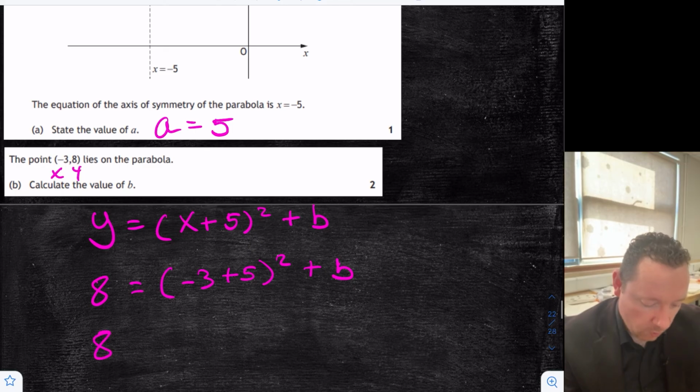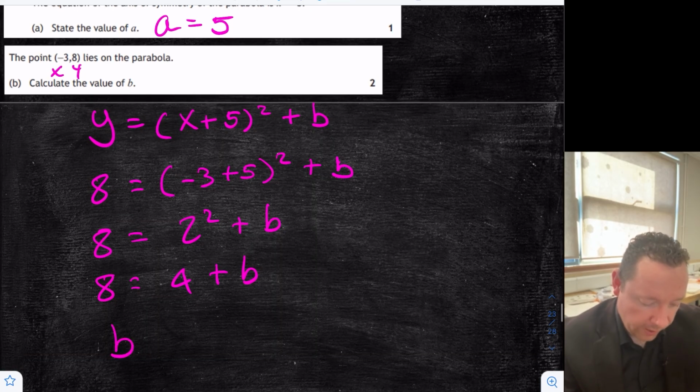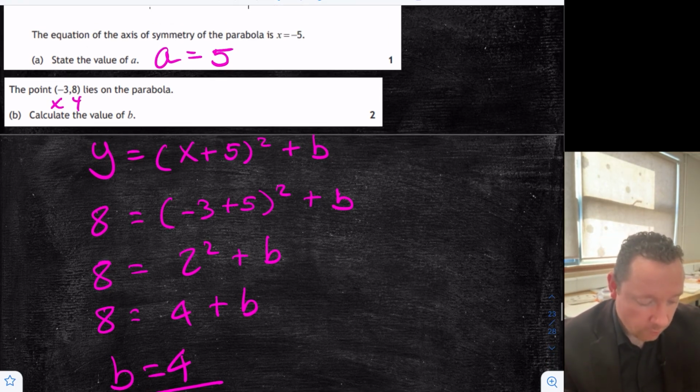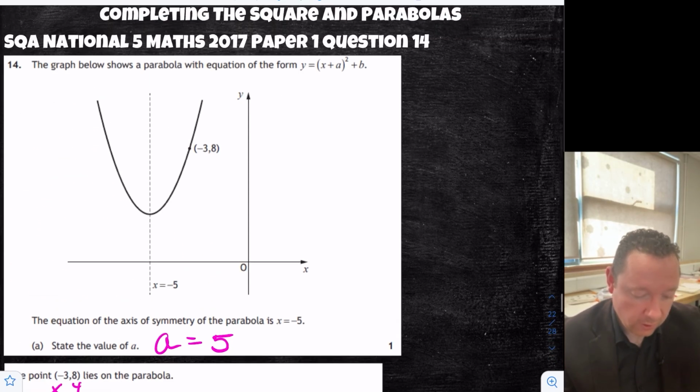So that's 2 squared plus b. 2 squared is 4 plus b. It should be clear that b must then equal 4 because 4 plus 4 is 8. If it now asked us what the turning point was, we would also know the turning point, it would be (minus 5, 4), because that's exactly what completing the square does.